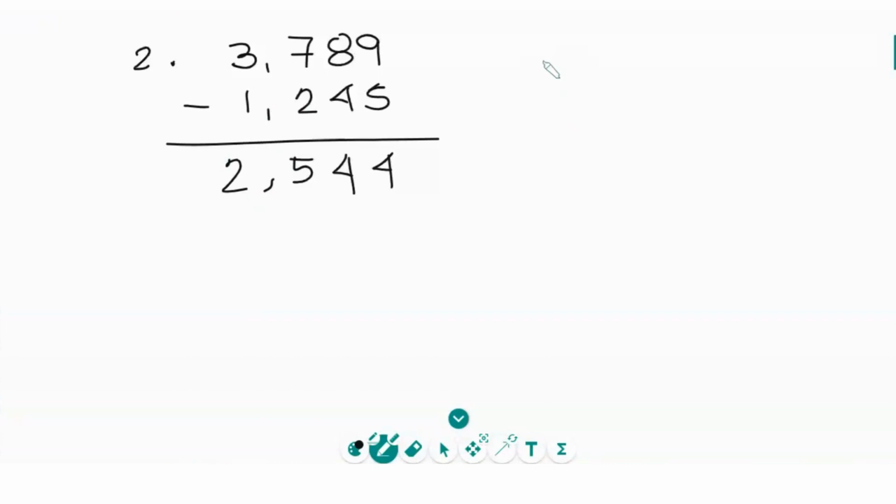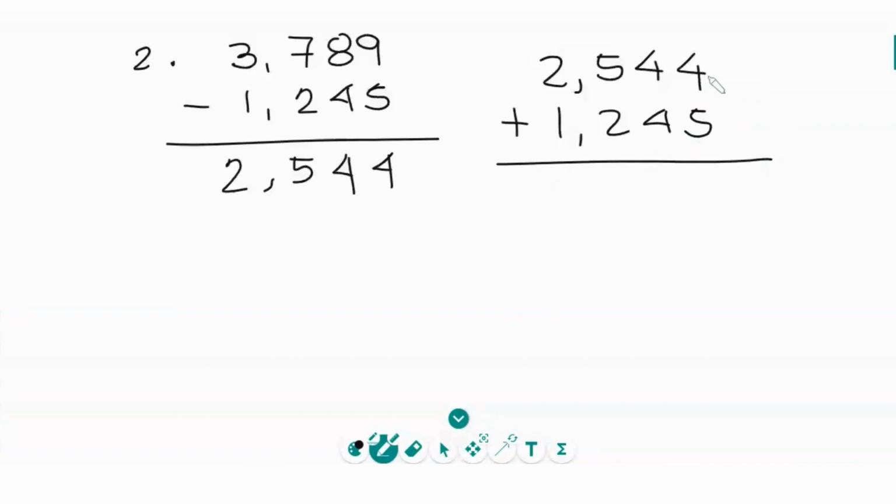Now checking our answer, we have 2544. We're going to add 1245. Okay, so if we add these two, we have 5 plus 4 is 9. That's correct. We have 9 here. And 4 plus 4 is 8.